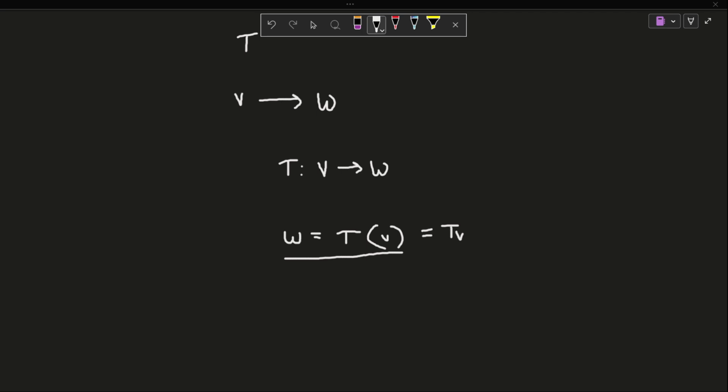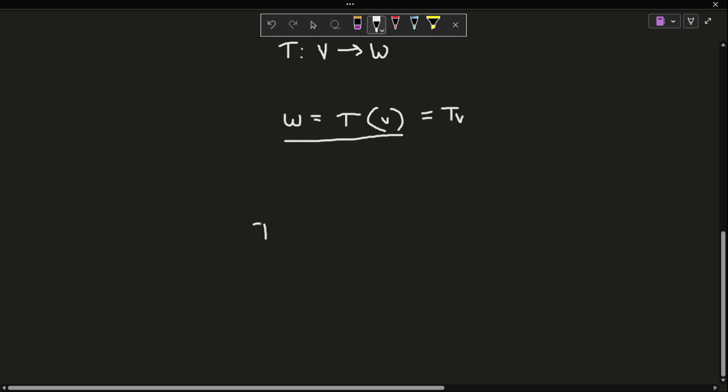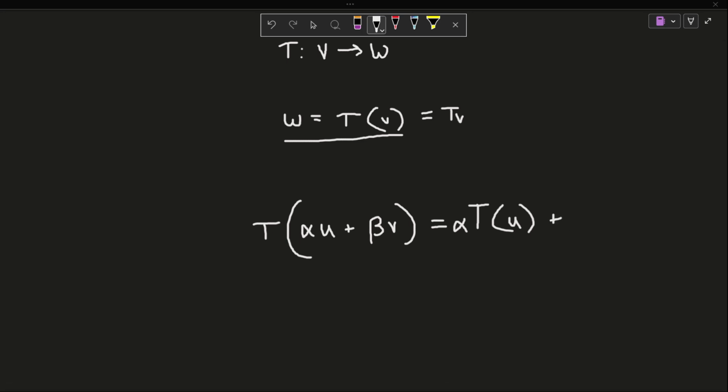A transformation T from V to W is going to be linear if, for any two scalars alpha and beta and any two vectors u and v, the following equality holds: T of alpha u plus beta v must equal the scalar alpha times the transformation T of u, plus beta times the transformation T of v.